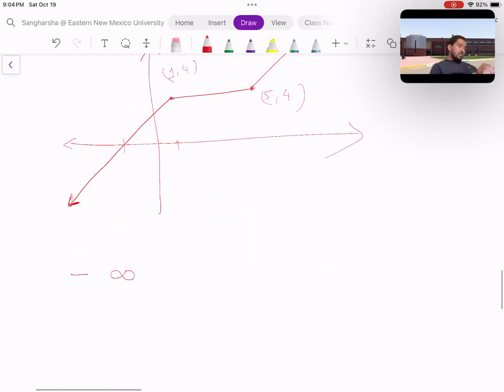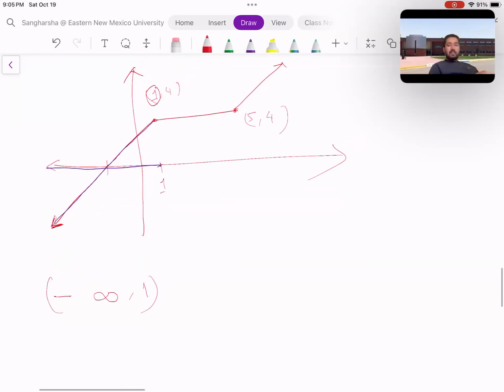When you are moving from negative infinity all the way up to positive 1, the graph is rising. It means the function is increasing. So from negative infinity to positive 1, using x values, the graph is increasing.